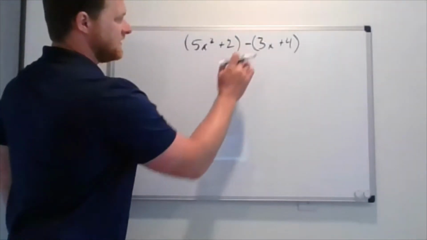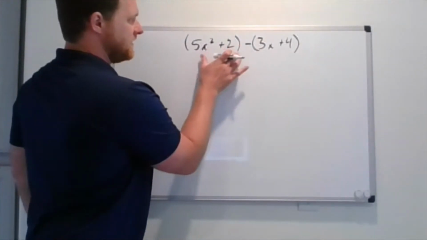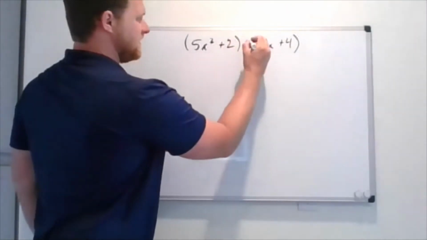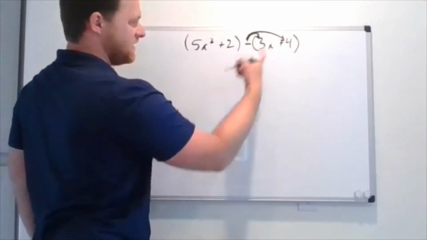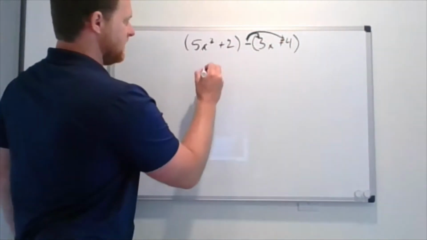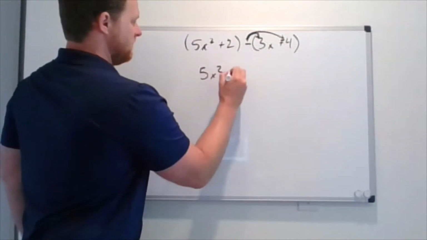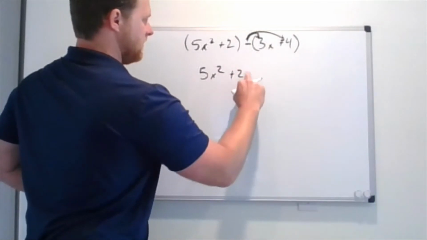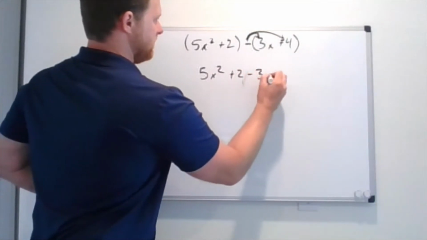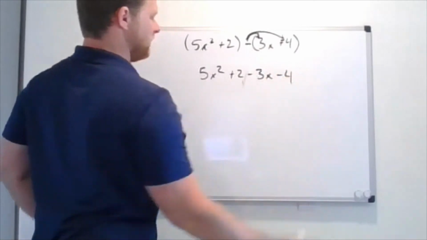All right, let's do the next one. So we see that it is subtracting this term from this term. So I'm going to use that negative, and I'm going to distribute it to both the 3x and the 4 when I rewrite it. So I have a 5x squared plus 2. Actually, I don't need to do that. Minus 3x minus 4. Okay?